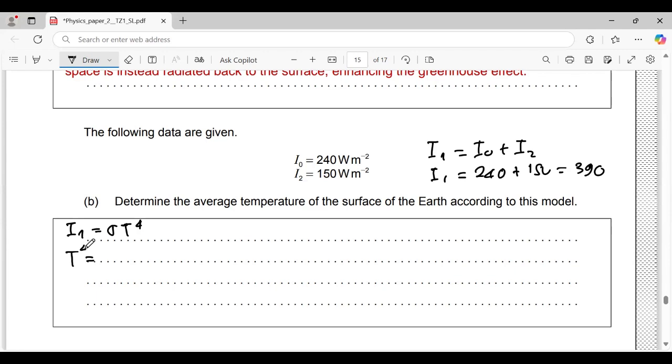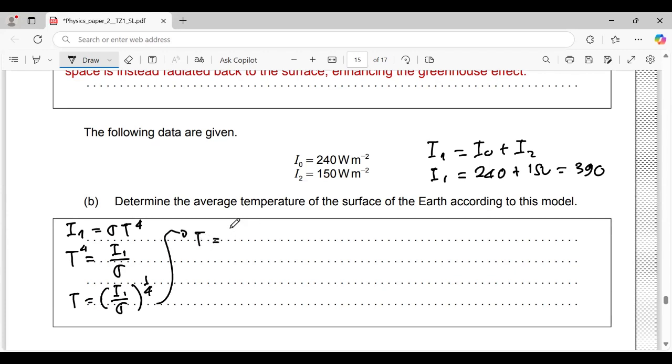So T to the power 4 is I1 over sigma, or T equals I1 over sigma, to the power 1 over 4.